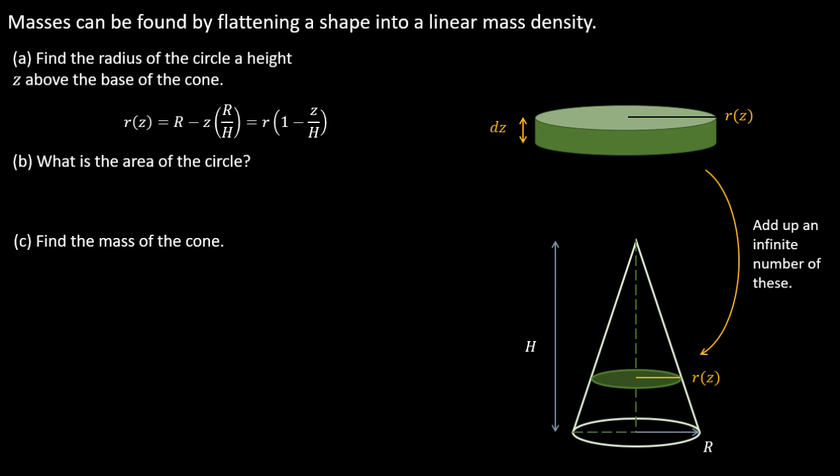Well, that's the scaling part, right? We're sort of scaling this radius, and it reduces, right, such that when we get to the top here at the height h, R minus z times R over h is equal to 0. Well, what would that be?